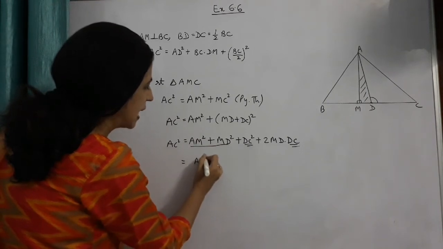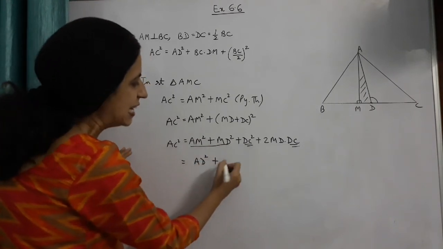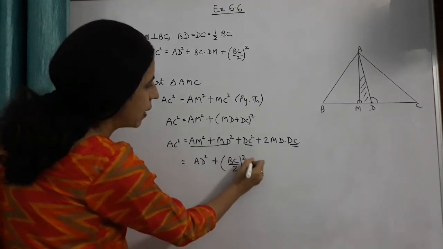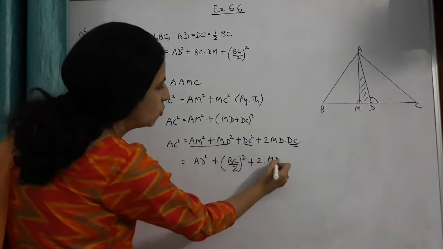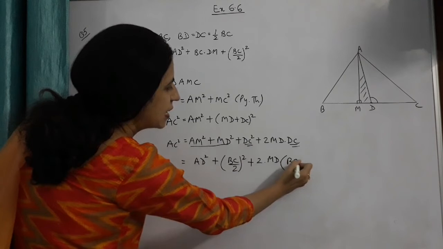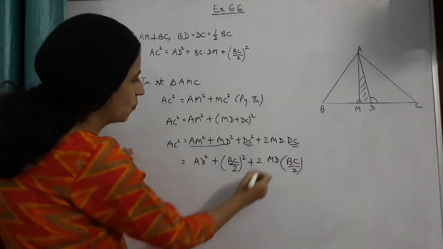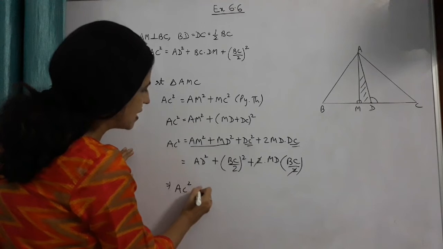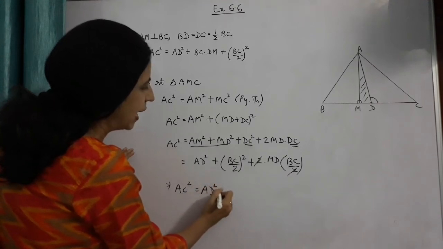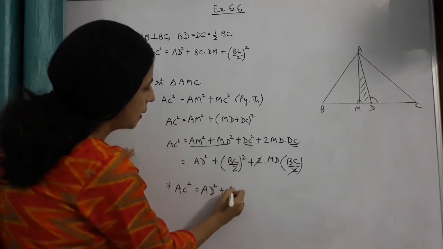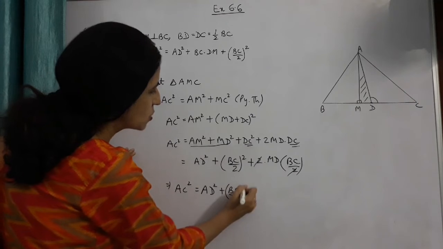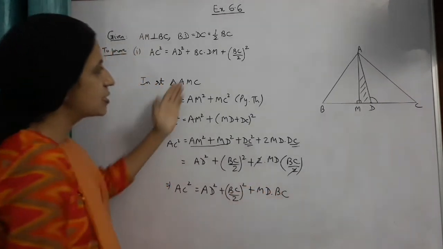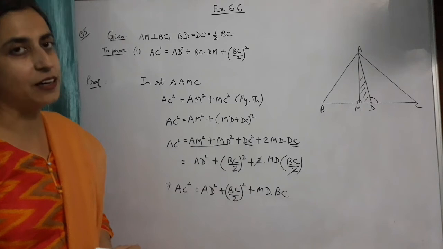So this becomes AD square plus DC can be written as BC by 2 whole square plus twice into MD into DC is BC by 2. So 2 and 2 get cancelled and we obtain that AC square is equal to AD square plus BC by 2 whole square plus MD into BC. This is what we had to prove in the first part.